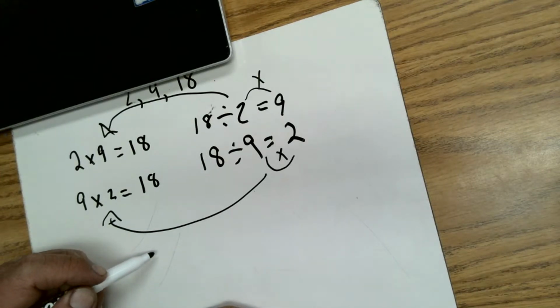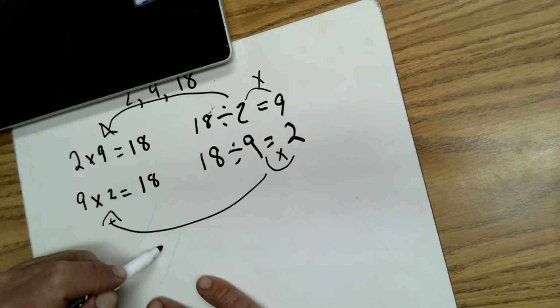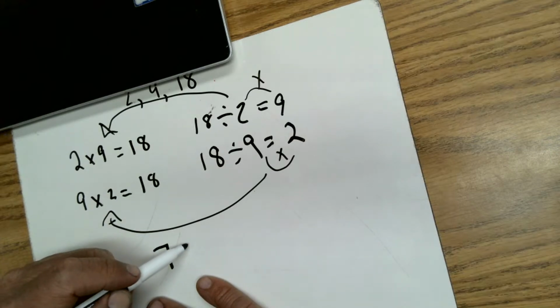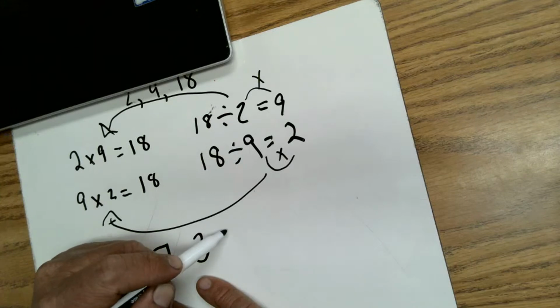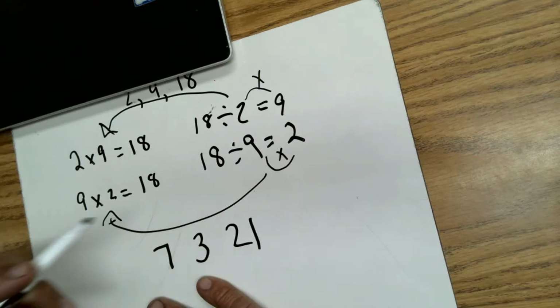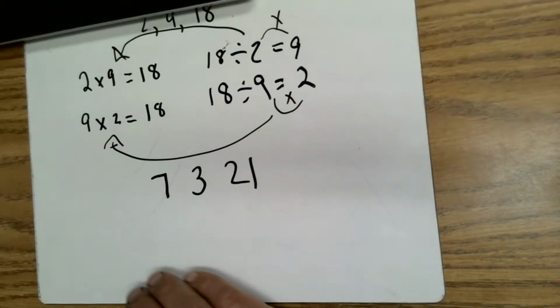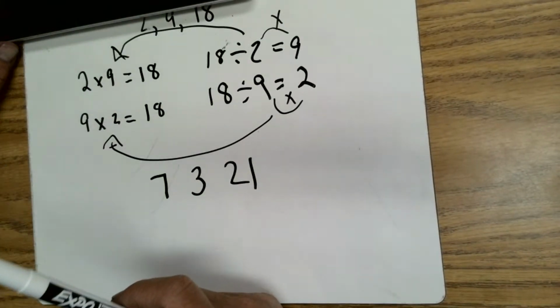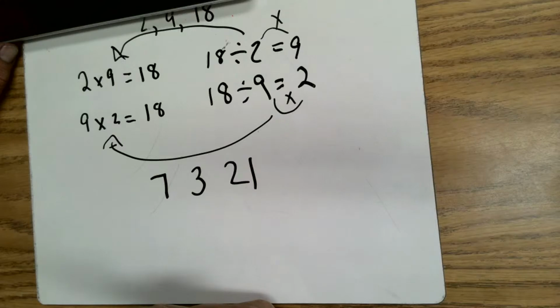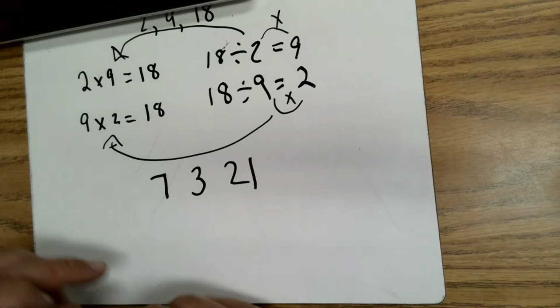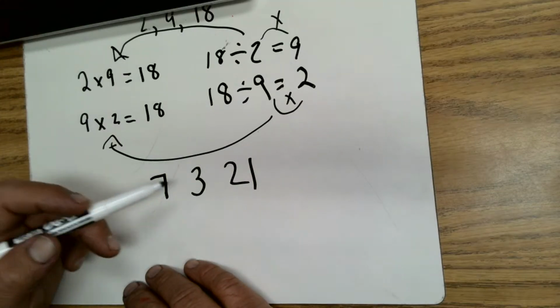Okay, let's take the numbers 7, 3, and 21. Now, this problem was not on your homework, but it repeats and has the same pattern because all three of those are part of the same fact family.